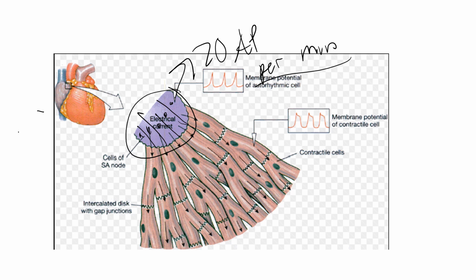They're generating 70 action potentials per minute, and somehow the generation of these action potentials is causing the entire heart to contract. And that's what we need to focus on now: we need to try to figure out how, when these sinoatrial node cardiac fibers generate action potentials, does that cause the entire heart to contract?